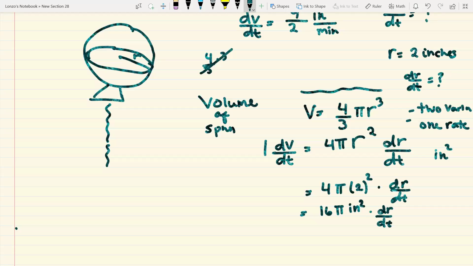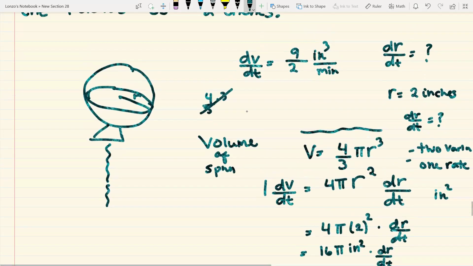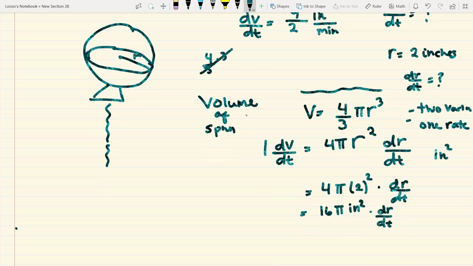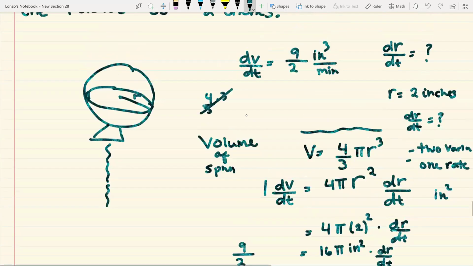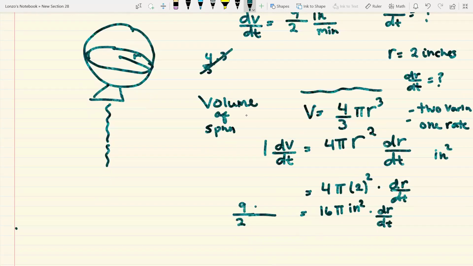And then over here we have 1 dV/dt. So we know that dV/dt is inches cubed per minute. So you're going to replace this dV/dt with 9/2 inches cubed per minute. Okay, now we have to solve for dr/dt.